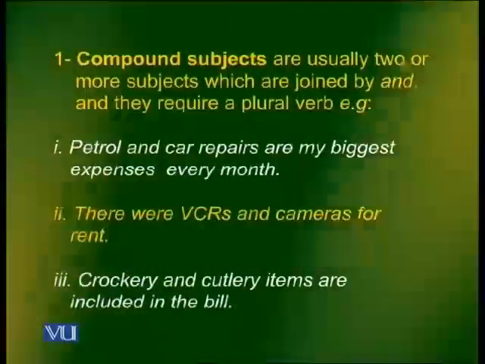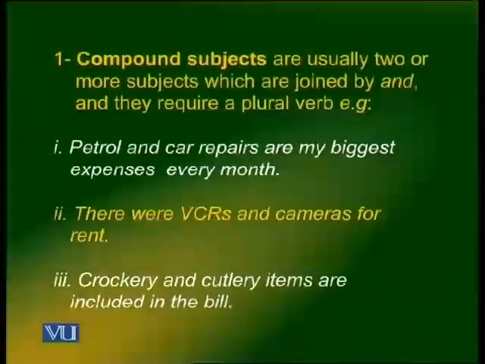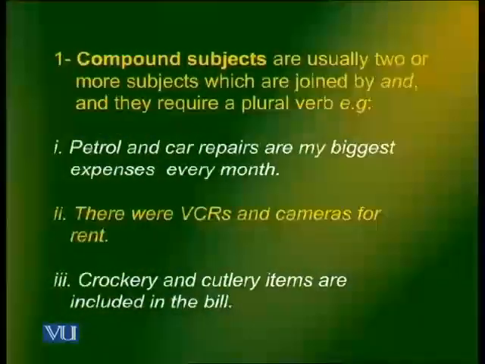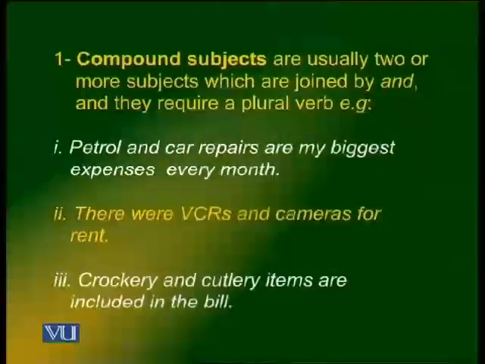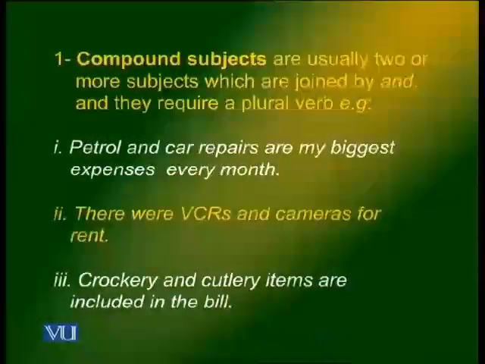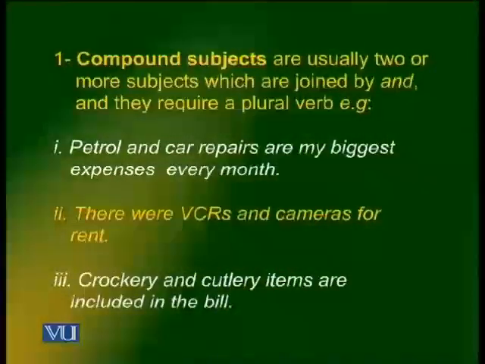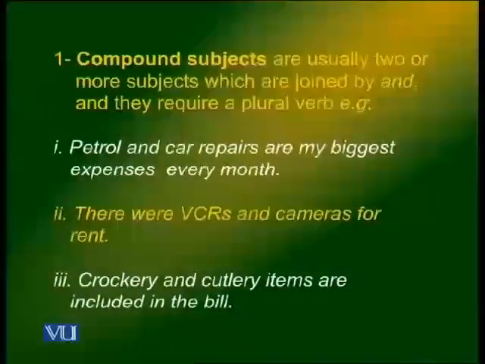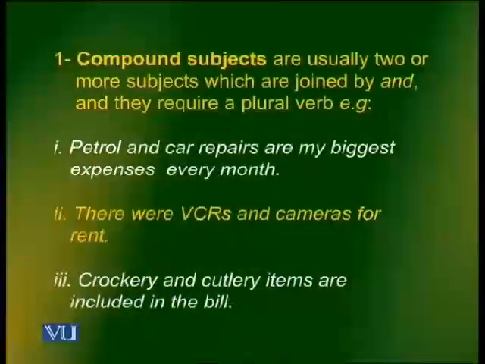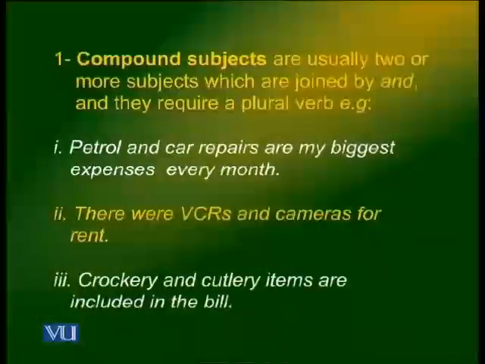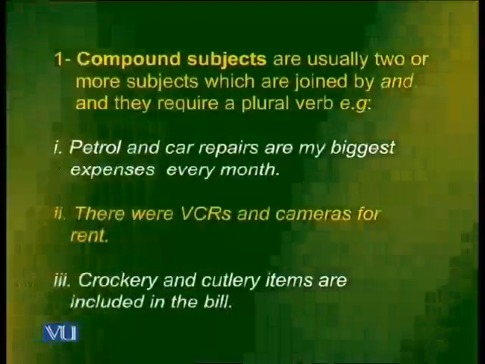Now in that sentence there is not one subject but two subjects, and such subjects are called compound subjects, and petrol and car repairs are the subject of that sentence, right? So the subject being in the plural, you will have to choose a plural verb, and the verb is are.